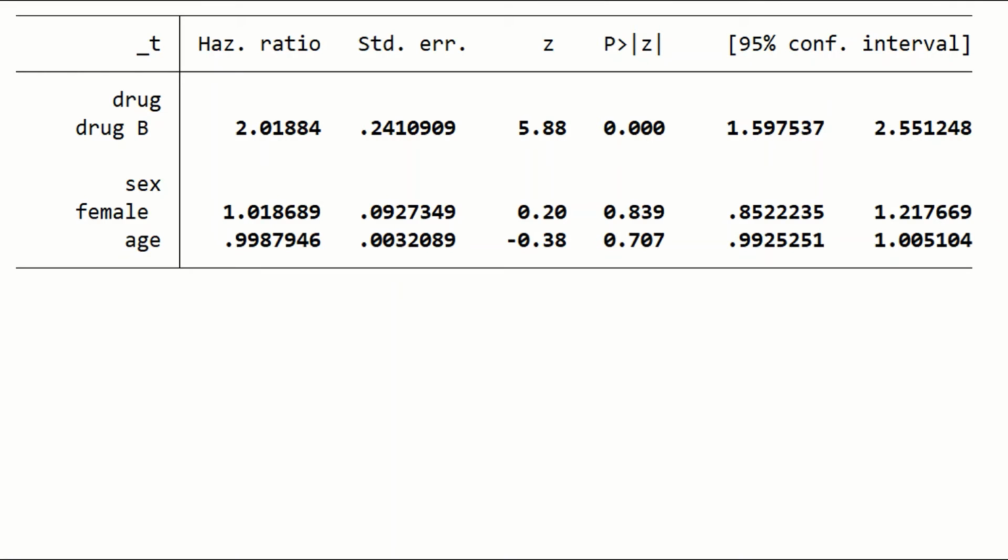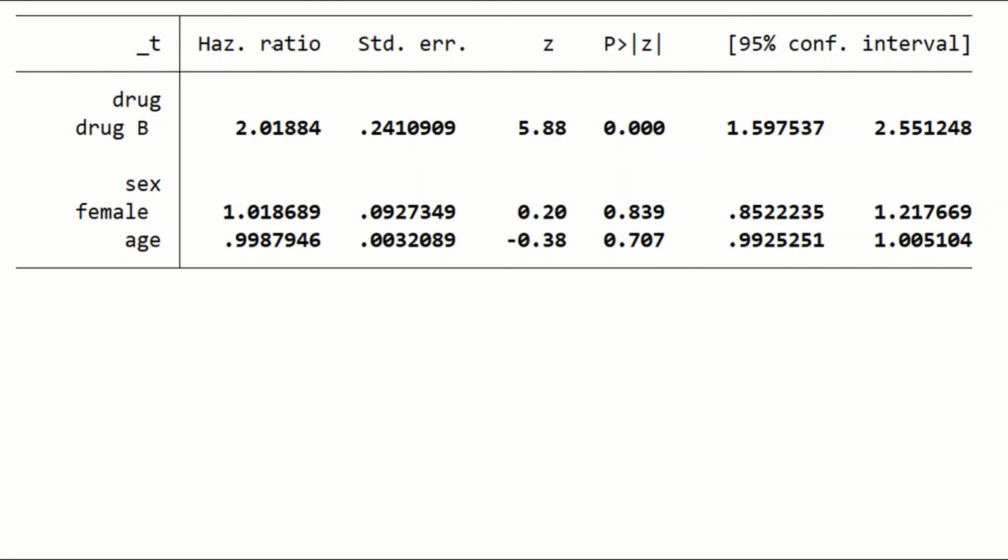In this next slide, a table has been extracted from the Cox regression for the previous data, and the 3 risk factors, which are the drug, the sex, and the age, were tested for whether they are associated with the risk rate of death over time for those who participated in the study and who have cancer. The T stands for survival time here.